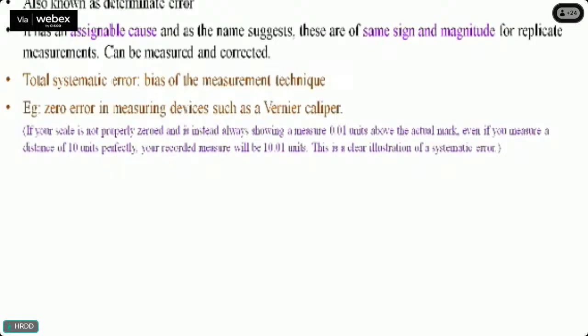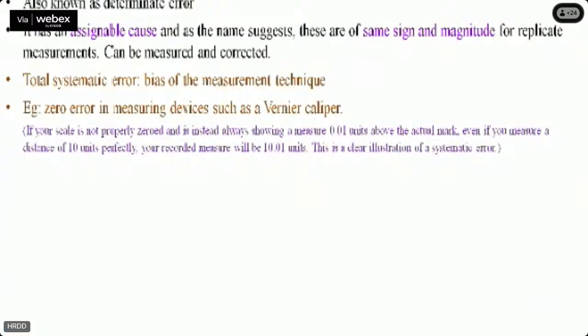Systematic errors can be completely cured. We can get rid of the systematic errors completely. Did you understand that? If we are able to judge the data and come to the conclusion that there is a constant magnitude and constant direction, always you get a larger value or always a smaller value, then you can account for this variation if it is constant.